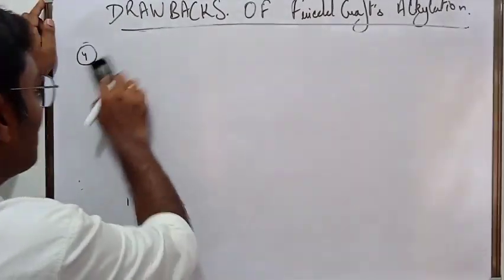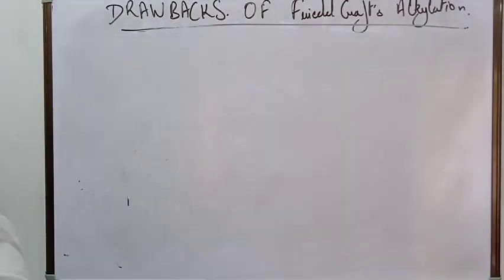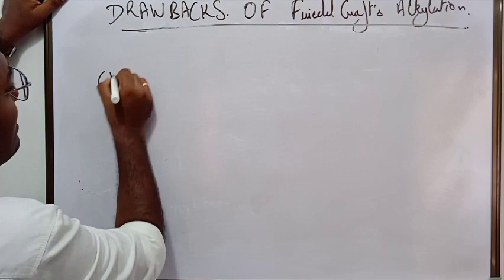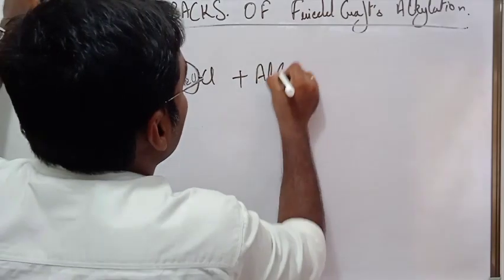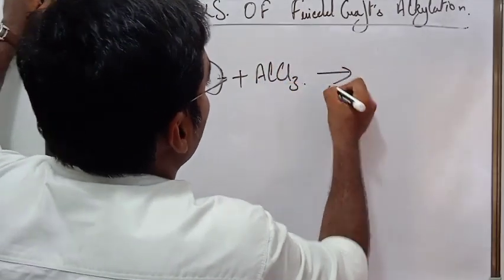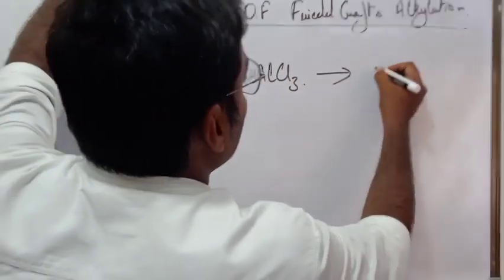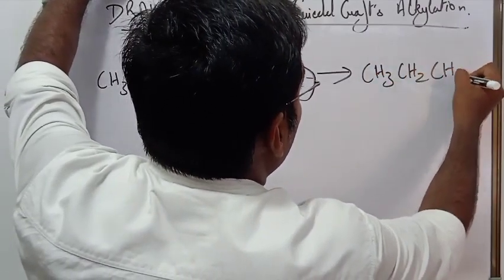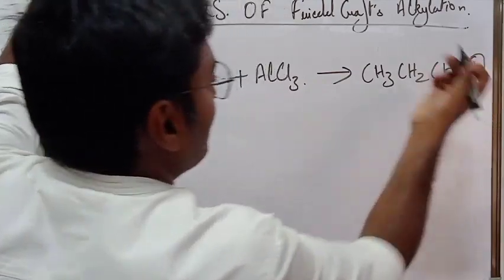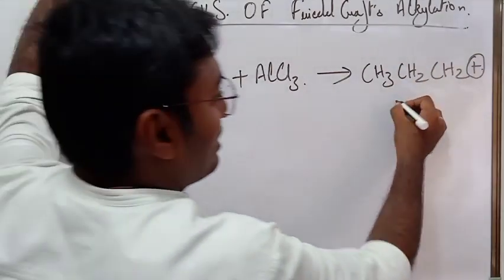Let me show you the mechanism. In the first step, suppose you are taking n-propyl halide and reacting it with your Lewis acid catalyst, then you get your electrophile like this. Now this is a primary carbocation.